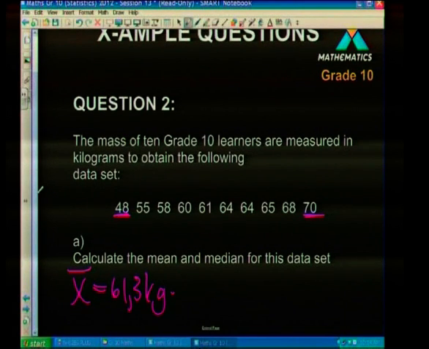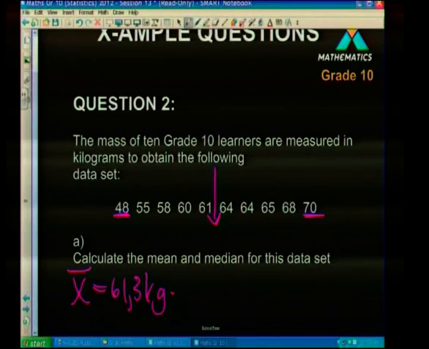The next question asks us to determine the median. So very important that I just quickly count how many. Oh, that was 10 learners. So that was told to us. So what I'm going to do is I'm going to go 1, 2, 3, 4, 5. And if we have an even number of pieces of data, our median will always fall between two values, very important. So 1, 2, 3, 4, 5, and 1, 2, 3, 4, 5, slap bang in the middle. Now remember, if those two data pieces are not the same, I have to add them together and divide by 2.